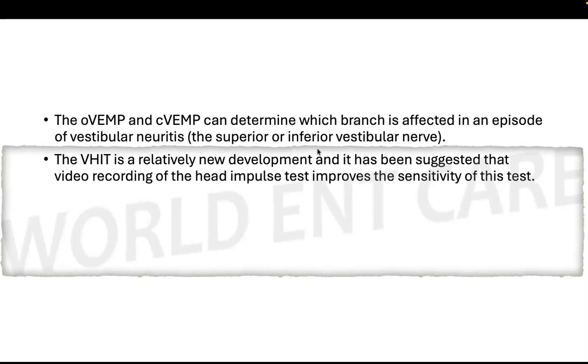An abnormal video head impulse test has been shown to be associated with vestibular loss in more than 62.5% identified with the caloric test. Okay, so that is as per a study. Just remember that the video head impulse test is more sensitive compared to the caloric tests.